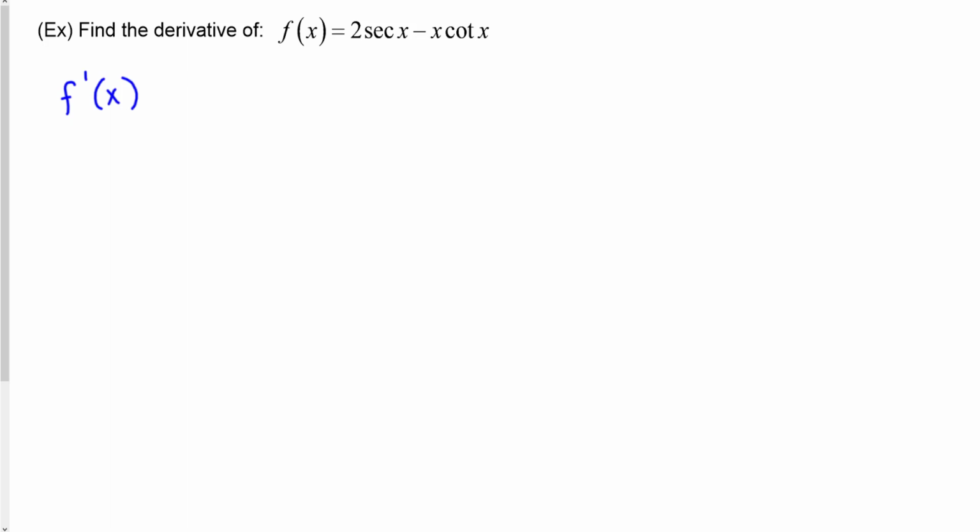Anytime I have individual terms that are added or subtracted, I can split and do the derivative of those pieces separately. So I can make this the derivative with respect to x of 2 secant x minus the derivative with respect to x of x times the cotangent of x.